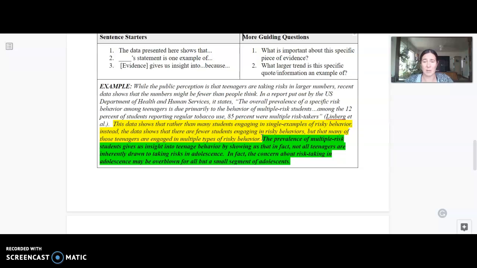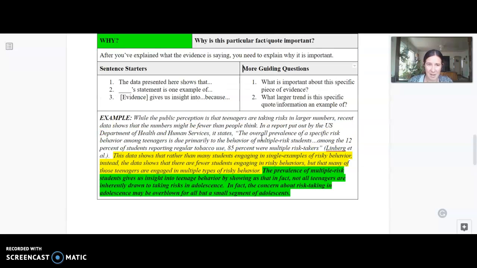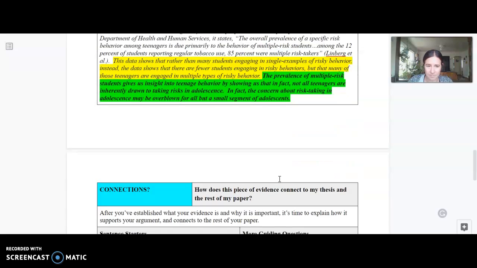An example is the prevalence of multiple risk students gives us insight into teenage behavior by showing us that, in fact, not all teenagers are inherently drawn to taking risks in adolescence. In fact, the concern about risk-taking in adolescence may be overblown for all but a small segment of adolescents. Okay, right, then we understand why this is important.